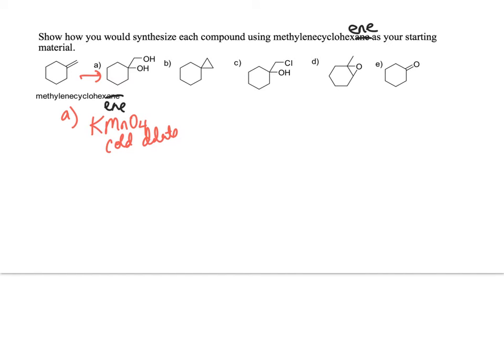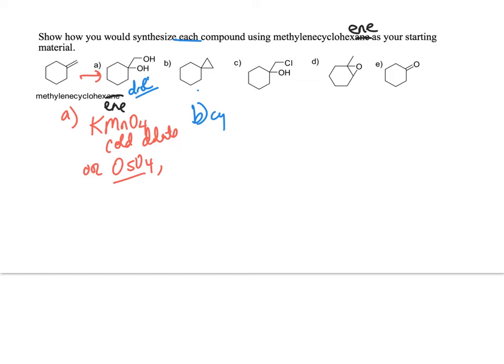Or you could use osmium tetroxide. You just write osmium tetroxide for B, so all you gotta do is the reagents here. So that's a diol.